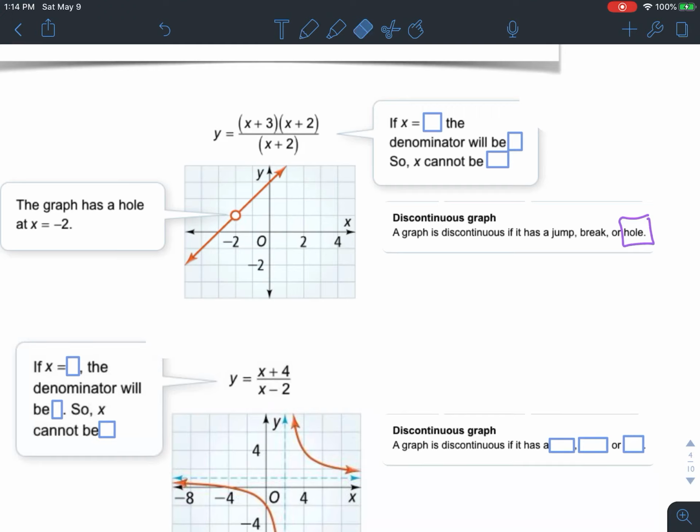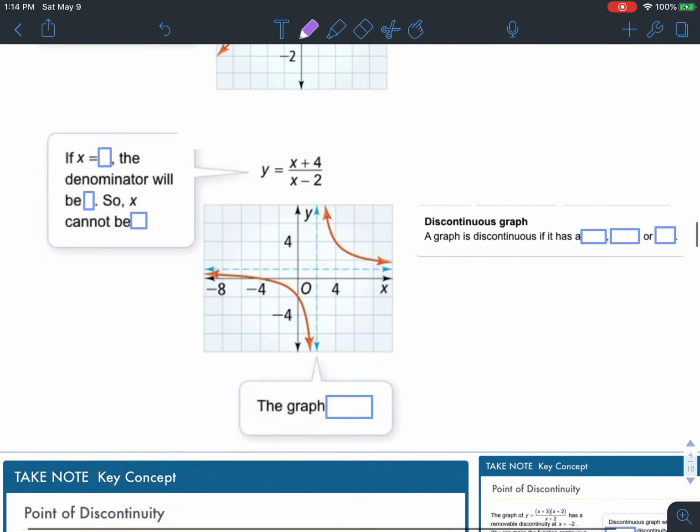If x equaled negative 2, the denominator would be 0. So x can't be negative 2, and that's why there's a hole there. Now, you might be saying, hey, I can cancel these, and that is true, and we'll get into that in a little bit. But this canceling of these two factors is actually what makes the hole. So we'll get back to that.